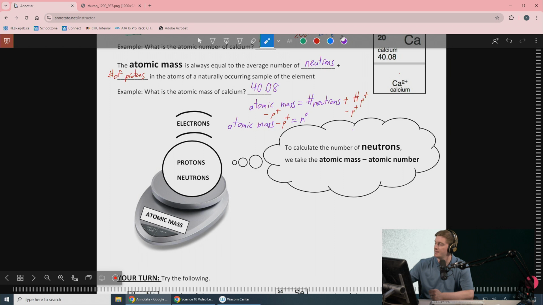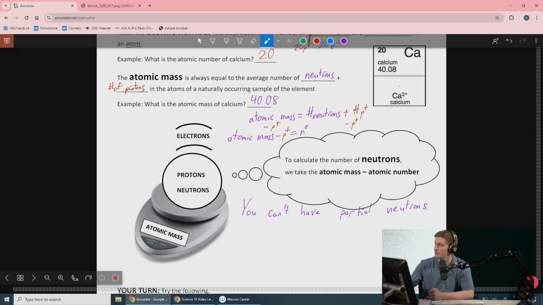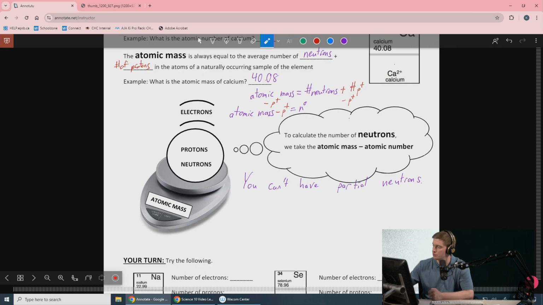One thing that I need to lay out here. You can't have partial neutrons. Note that the atomic mass number is a decimal. If I was going to take this number, 40.08, and subtract my atomic number for calcium, which is 20, I will get a number of neutrons as 20.08, but I can't have partial neutrons.